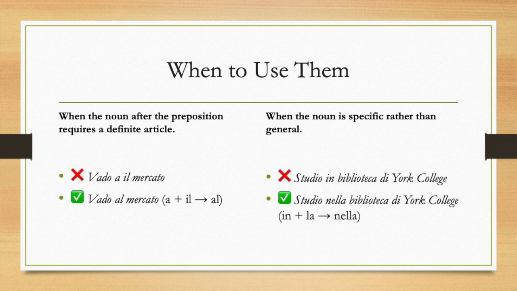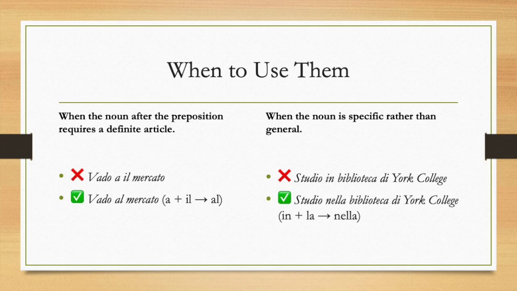But if you want to say that you study in the library of your college, for example, you specify which one, so you have to use the article after the preposition. The article will be la. So in plus la must be combined, and the result will be studio nella biblioteca di your college.